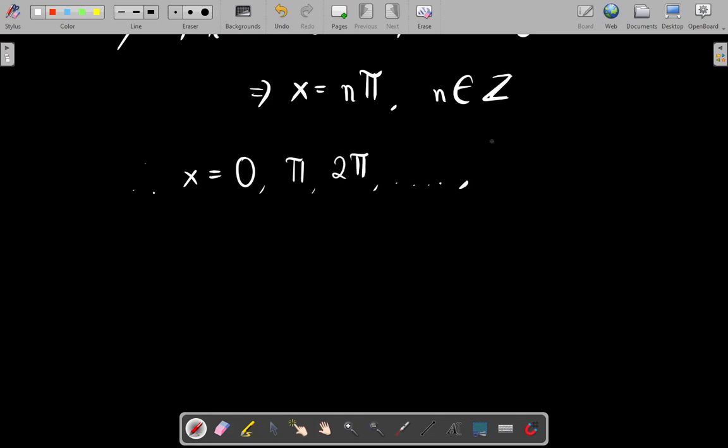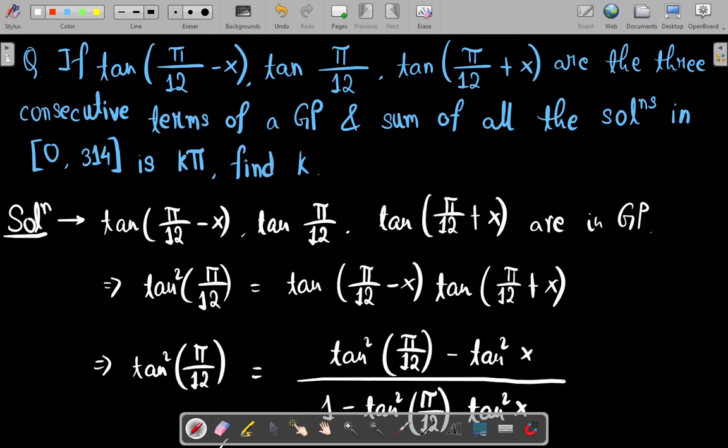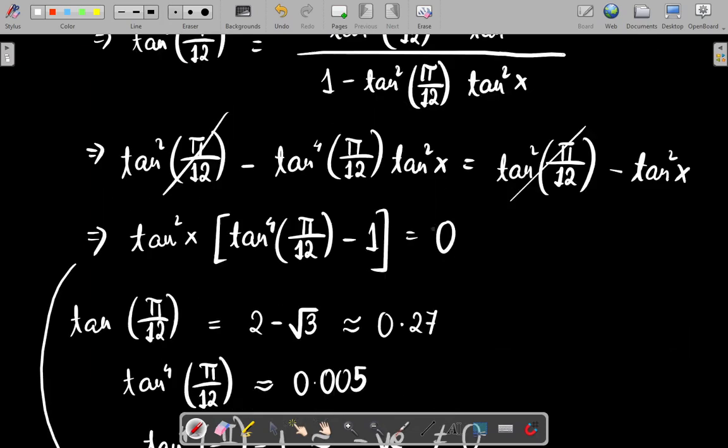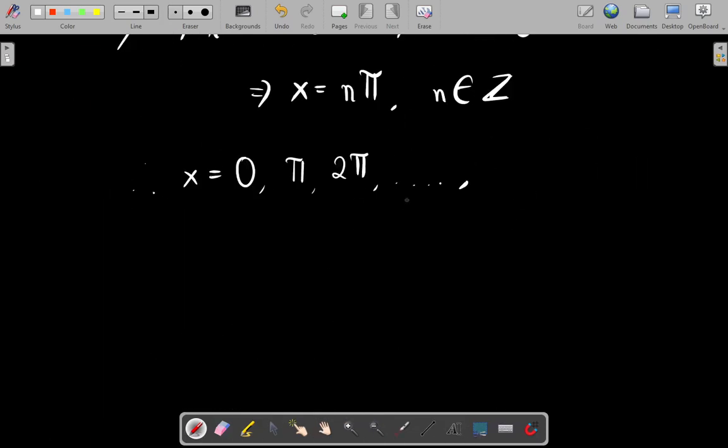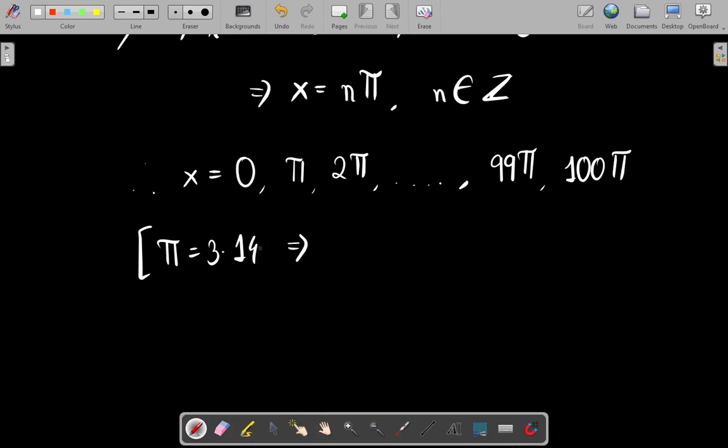Now we are given the interval 0 to 314. I can go up to 99π, and then if I put the value of 100π here, the value of π is 3.14159, something like that, and it goes on.